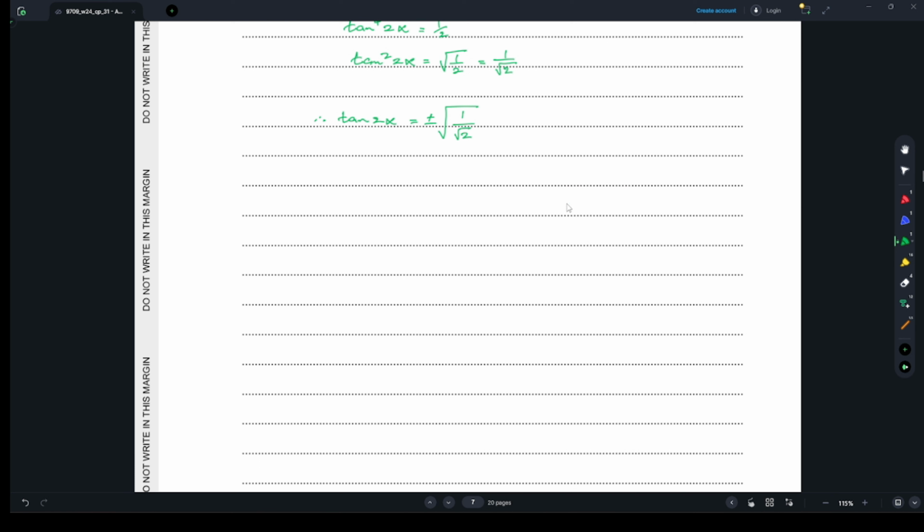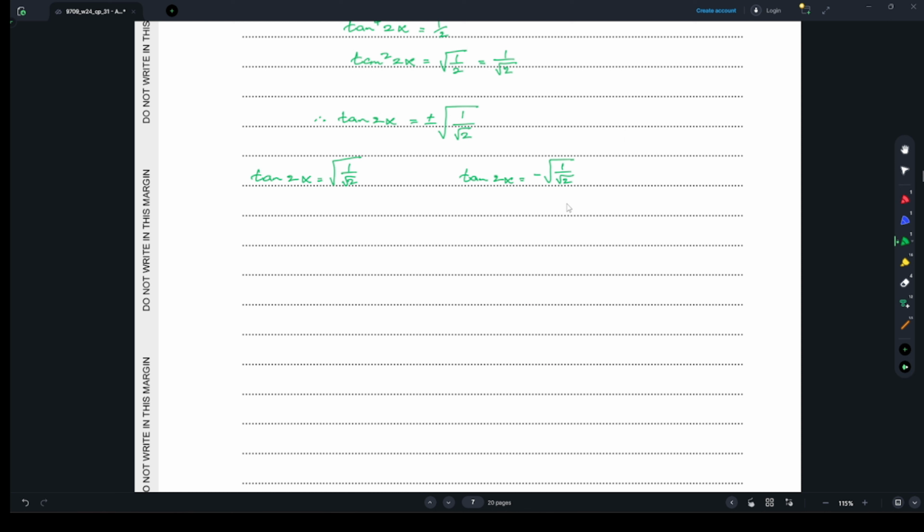So I have positive and negative, right? So I can consider tan 2 alpha equals positive 1 over root 2, and or we can take tan 2 alpha equals the minus value.